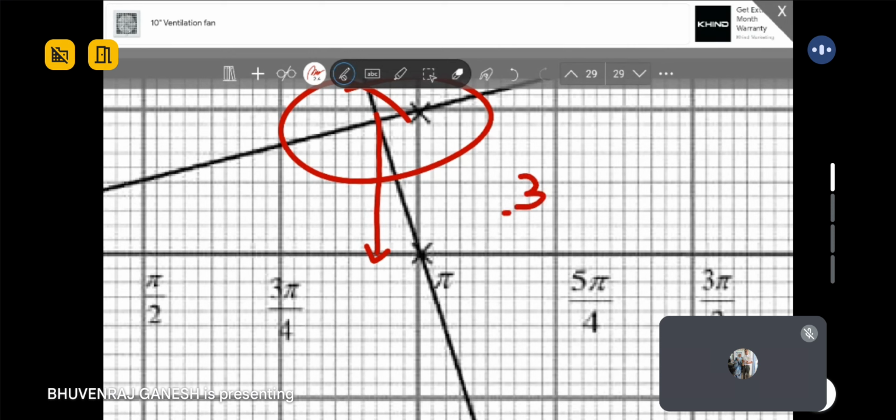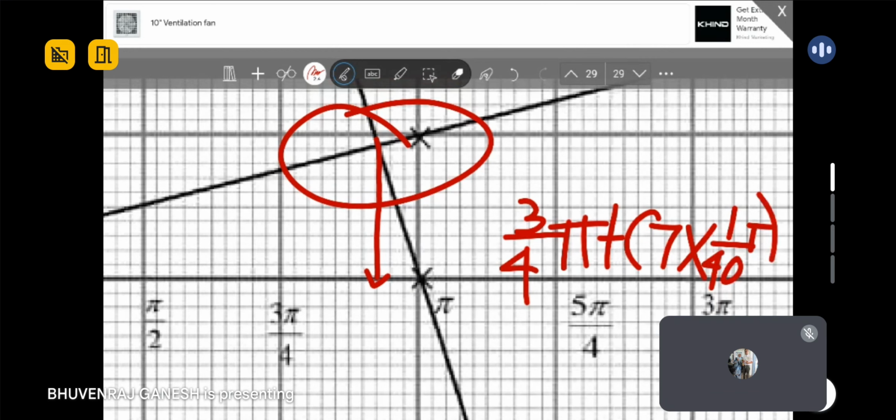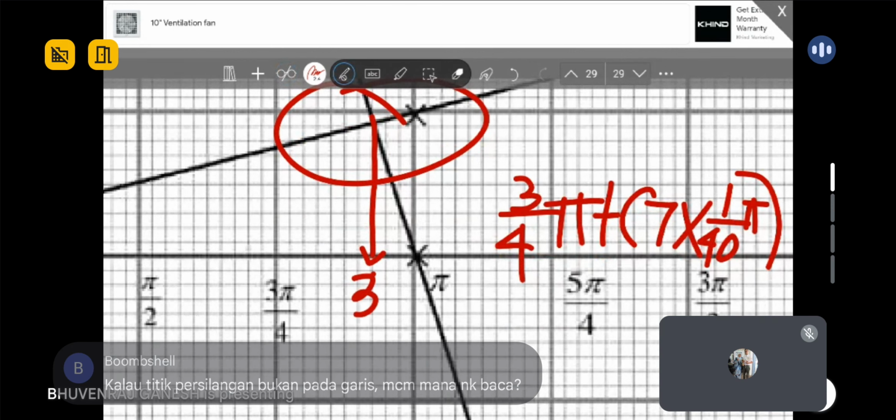So basically you take 3 over 4 pi plus 7 small boxes, kotak kecil, times 1 over 40 pi. So then you calculate this answer, guys. Okay, cari jawapan yang ni. That will be the answer. Okay, so 7 over 40 plus 3 over 4. So the answer is yes. Okay, 37 over 40 pi. So this is the answer.